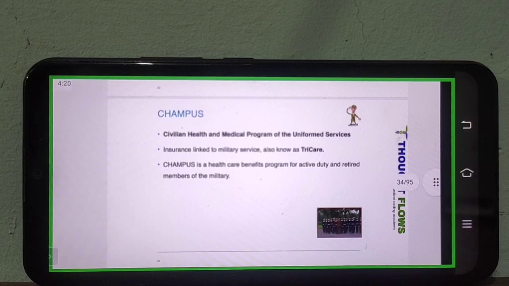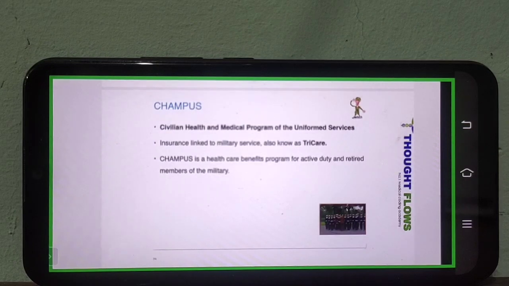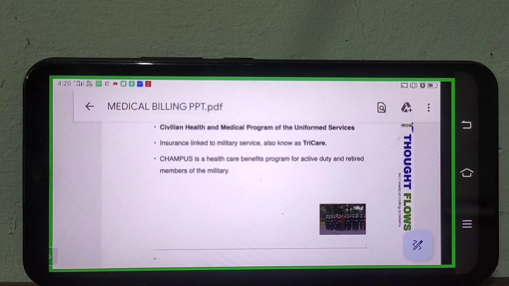But every medical coder must know about the federal insurance policies: Medicare, Medicaid, CHAMPUS. Everybody must know about it, and in your interview they will definitely ask questions from this section.